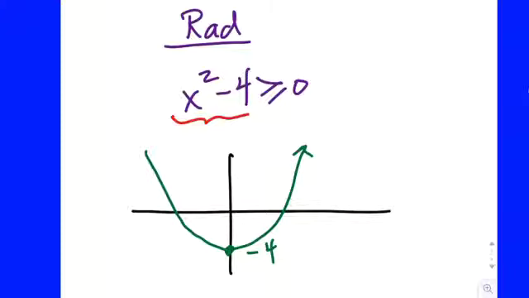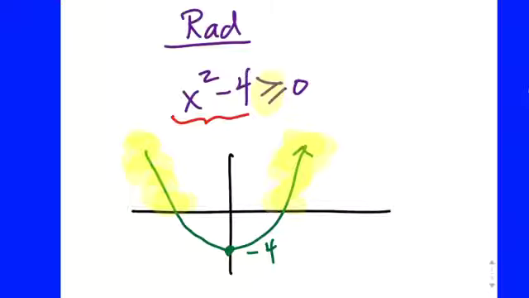If you have your graph, you can clearly see where the y values are positive and negative. They're positive above the x-axis and negative below the x-axis. The inequality says, for what values of x is it greater than or equal to zero? Is greater than above or below the x-axis? Above, right? Greater than means positive. So the highlighted regions are where the graph is positive.